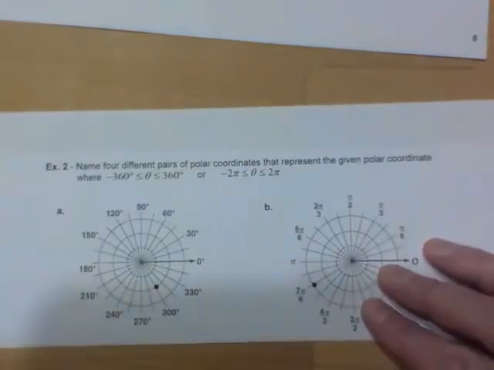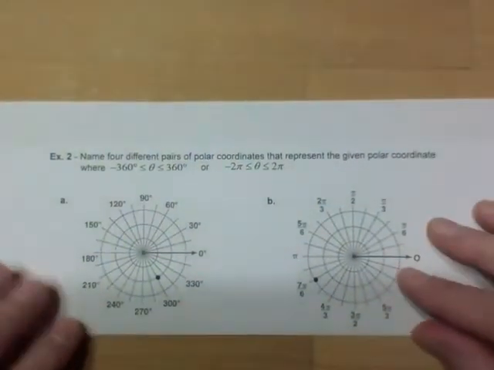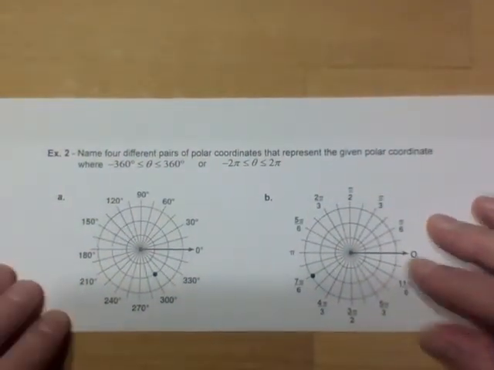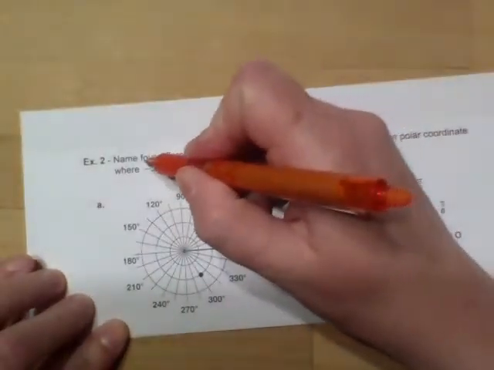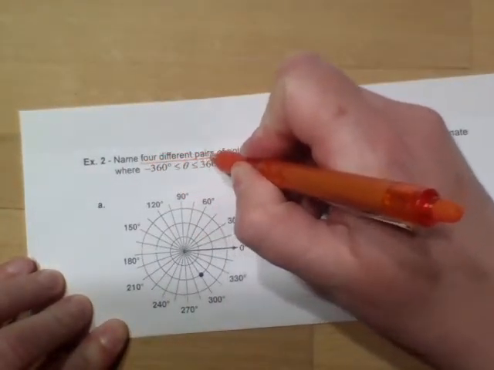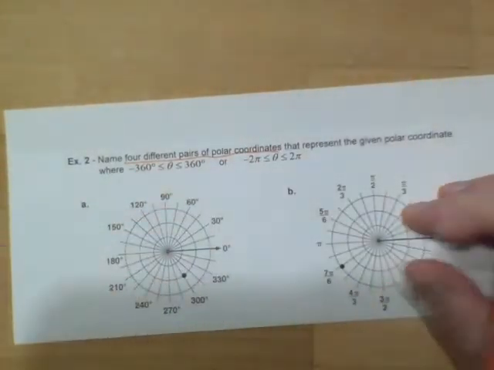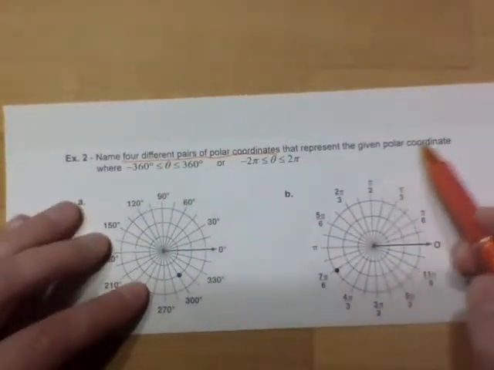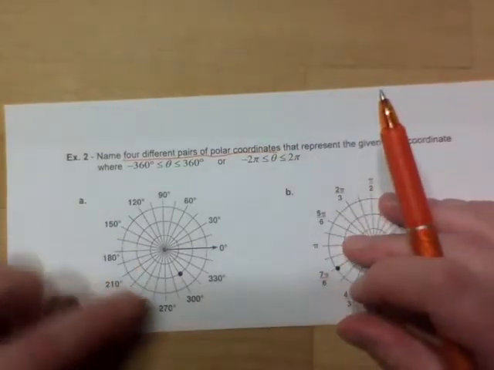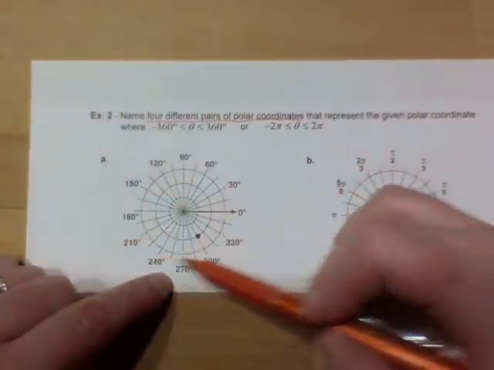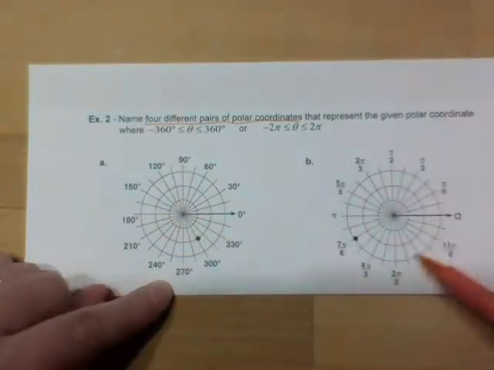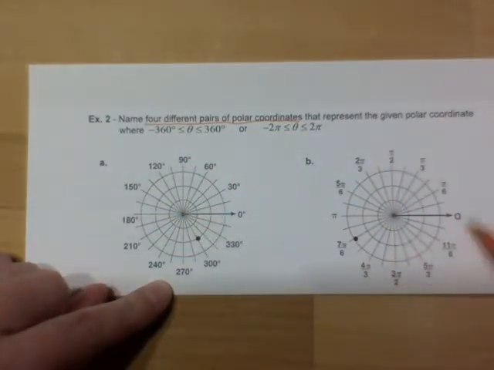So, the next piece here is to name 4 different pairs of polar coordinates. As I just mentioned, that you can name any coordinate in 4 different ways, depending on what's happening. So the first one here is on the degree polar coordinate versus the radian.